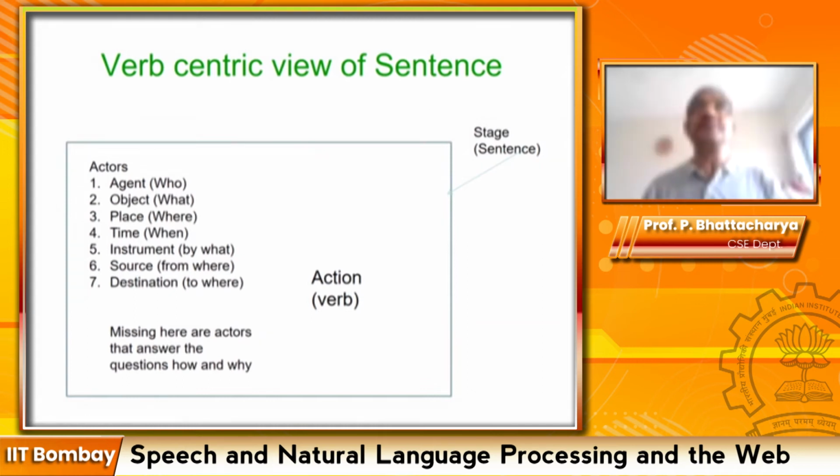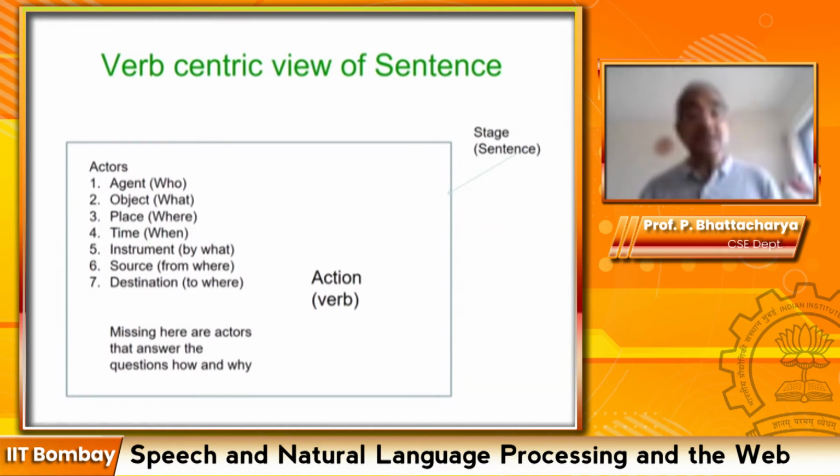So information retrieval requires giving importance to nouns. On the other hand, in question answering, we have to give a lot of importance to the main verb of the sentence. The main verb has a relationship with other nouns in the form of agent, who is doing the activity; object, what is being done; place, where it is being done; time, when it is being done; instrument, by what the activity is being performed; source, if it is a moving activity, from where; destination, going to where.